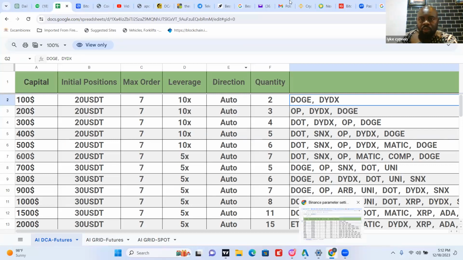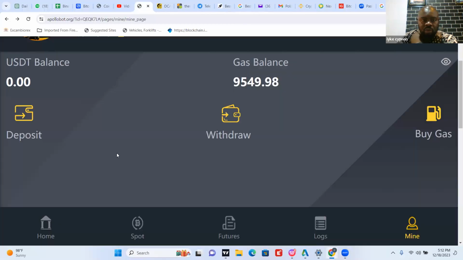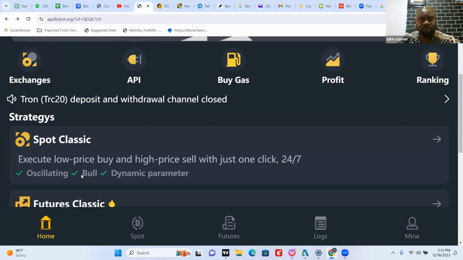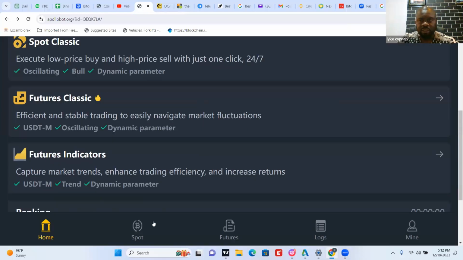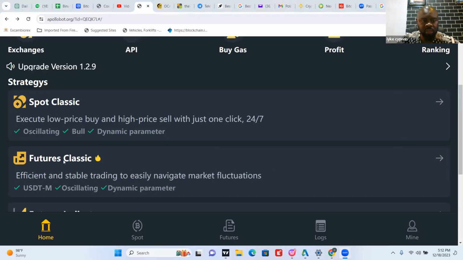Okay, so let's go back to how we execute these trades. How do you execute this trade? You tap on home. Now, if you want to trade futures, all you need to do is tap on Futures Classic.